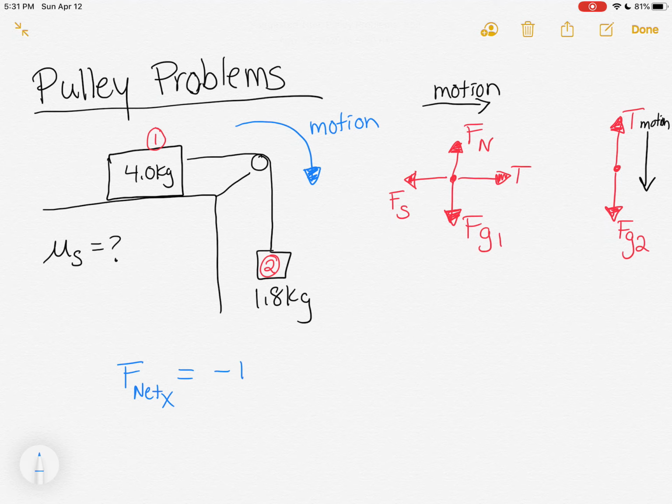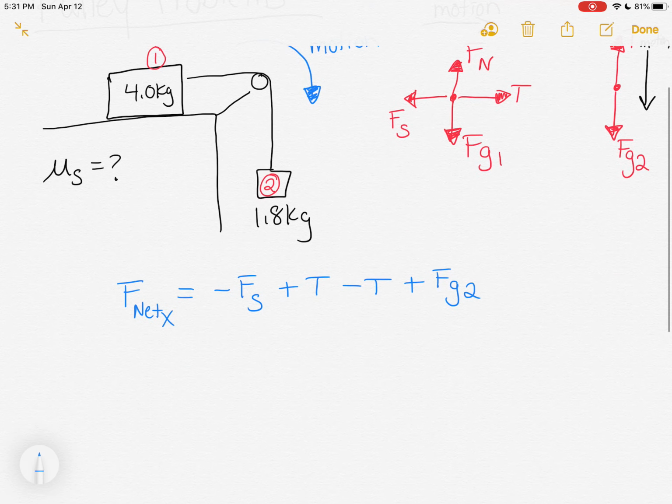So our F net x is going to be a negative Fs, because that's going opposite our motion, a positive tension, and that's the tension that's coming from block number 1's free body diagram. We're going to have a negative tension that's coming from block number 2's free body diagram, because it's going opposite our motion. And we're going to have a positive Fg2 coming from, again, block number 2.